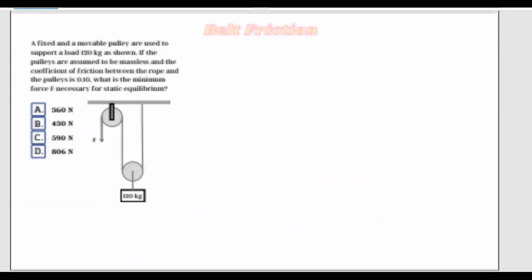And let's move on to our final problem for today. We have belt friction. A fixed and a movable pulley are used to support a load of 120 kilograms as shown. If the pulleys are assumed to be massless and the coefficient of friction between the rope and the pulleys is 0.10, what is the minimum force F necessary for static equilibrium?